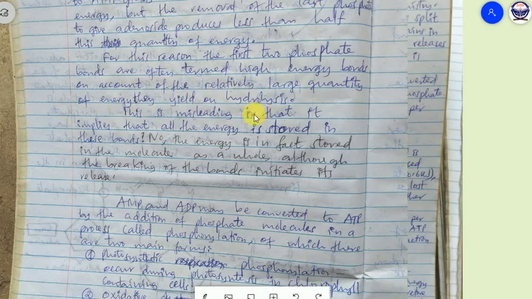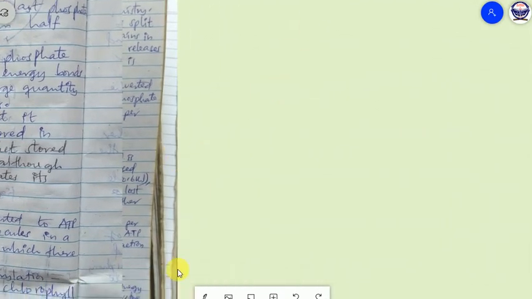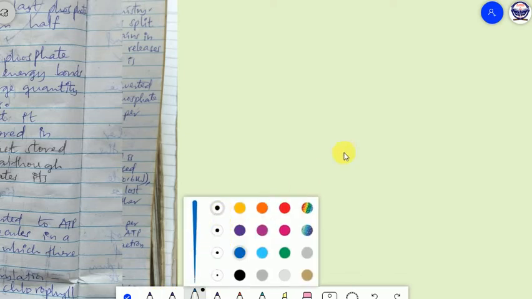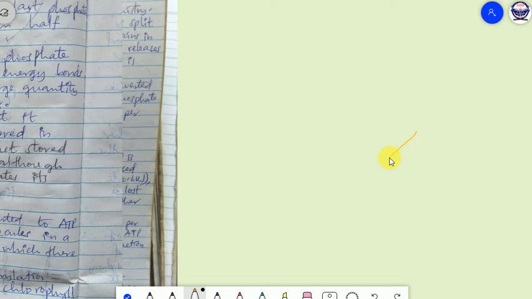So from what we discussed in the structure of ATP in the previous session, let me draw the structure of ATP here. Let's say here is our ribose sugar, and then from there here we have the adenosine base, the adenine.